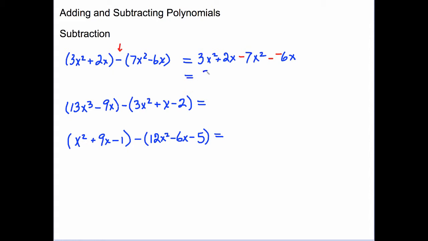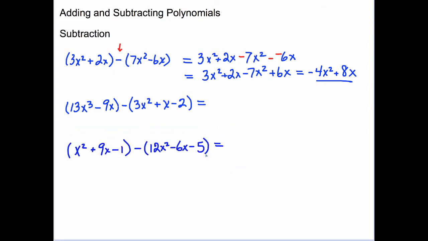This is the same thing as 3x squared plus 2x minus 7x squared plus 6x. And we can then simplify. 3x squared minus 7x squared is negative 4x squared. And then 2x plus 6x is 8x. And there's our solution.